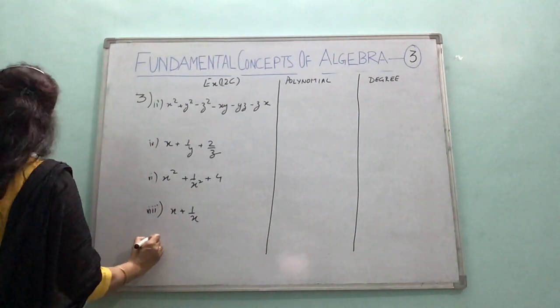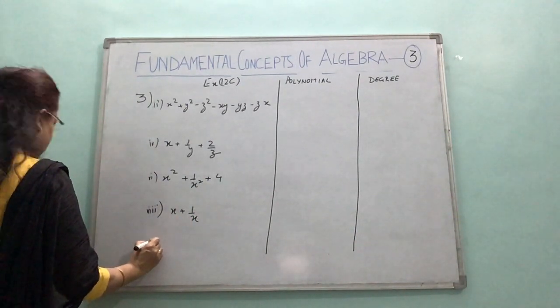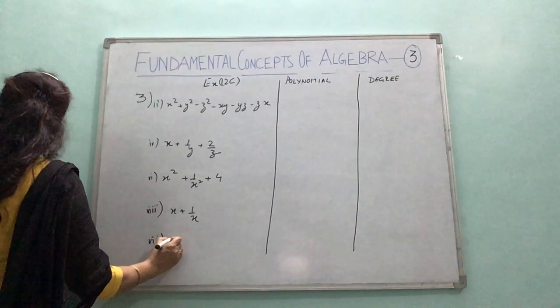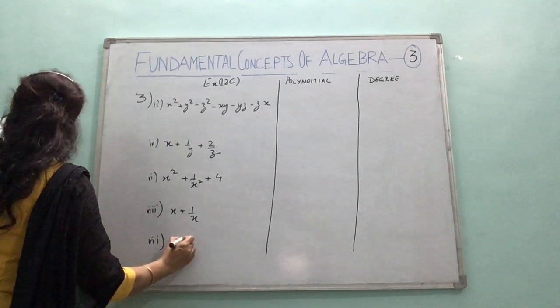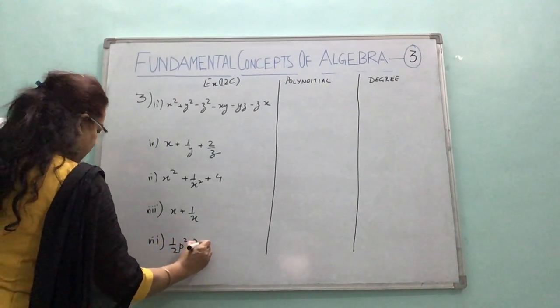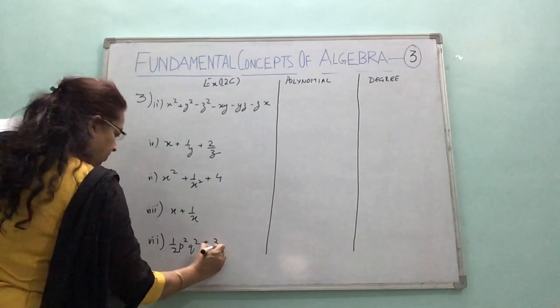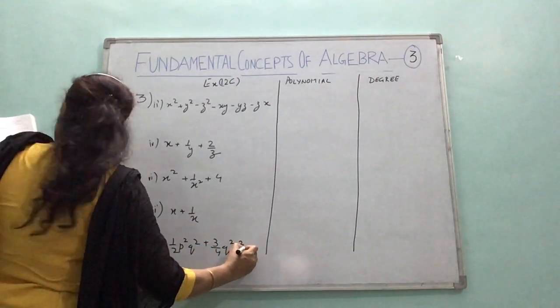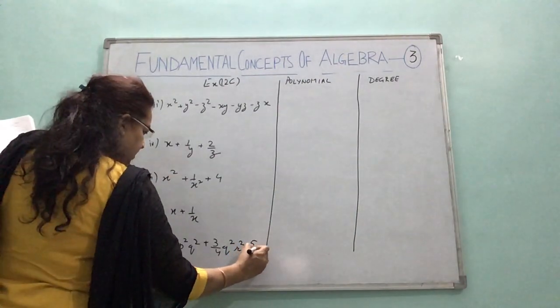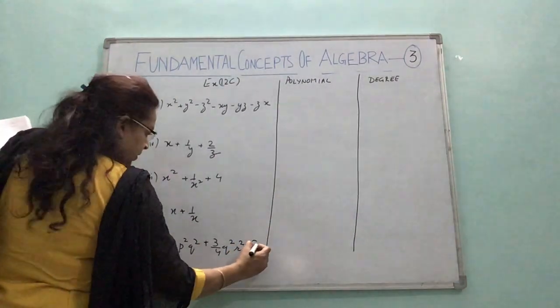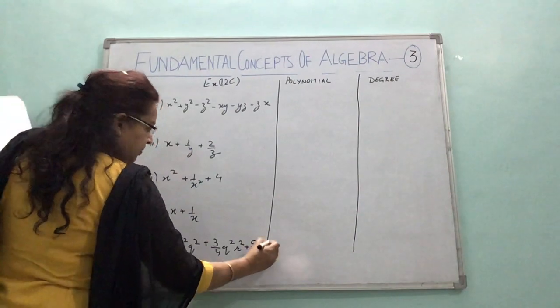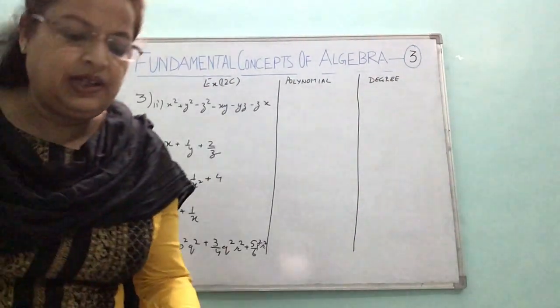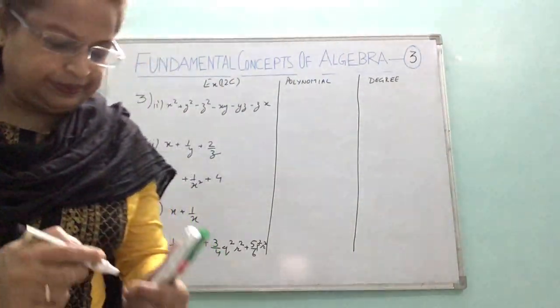I'll take one more, say 7: 1 upon 2 p square q square plus 3 upon 4 q square r square plus 5 by 6 p square r square. Now, I'll tell you the reason why I've taken one more.